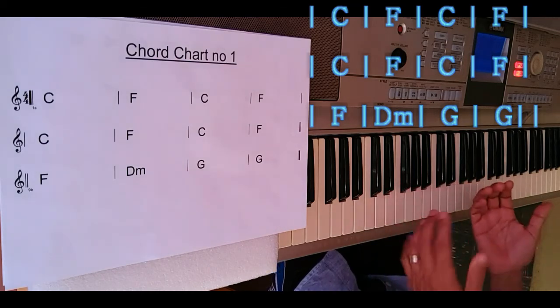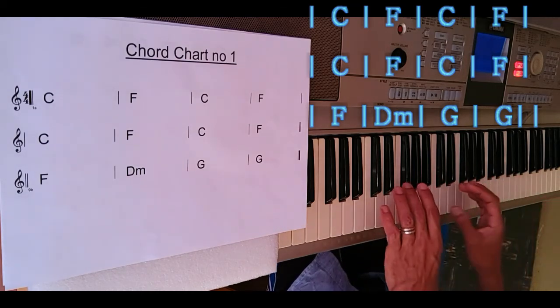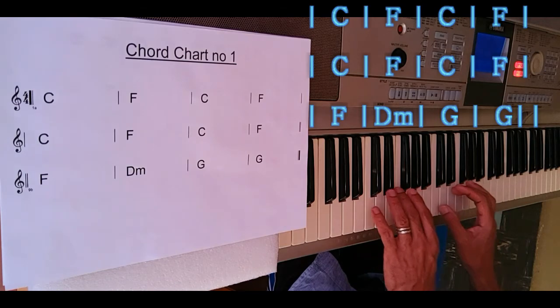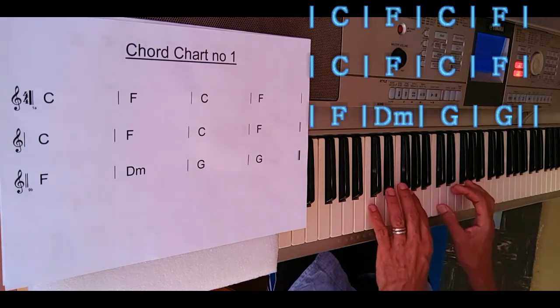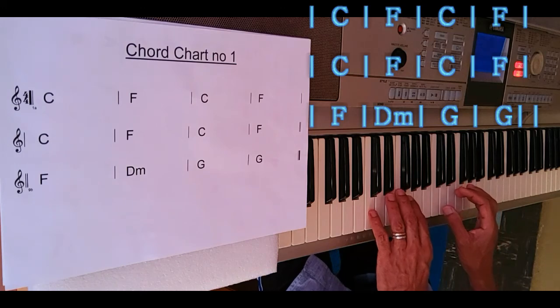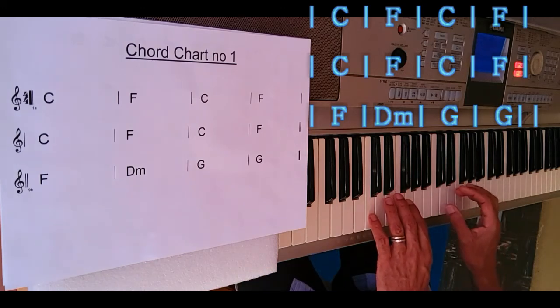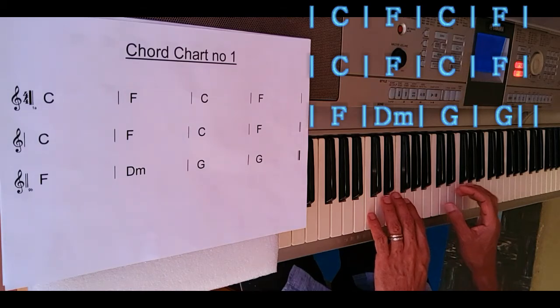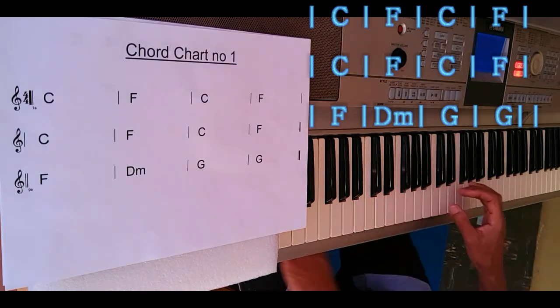So, for example, in a ballad, sometimes we'll do it on the chord beat. What we can do to add interest is to play with a quaver beat. That means 2 to the beat.